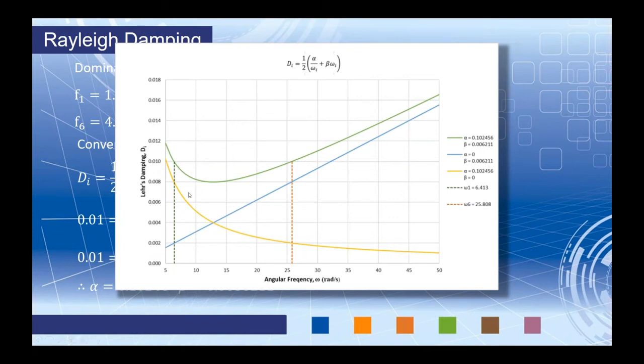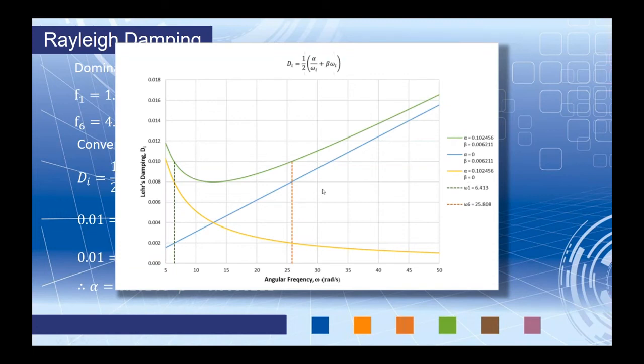So we also have the yellow line. Now, the yellow line is where I have set beta equal to 0, but my alpha coefficient is still considered. The whole point of this is that mass and stiffness damping considerations affect the overall damping ratio. There are two components: the mass and the stiffness.